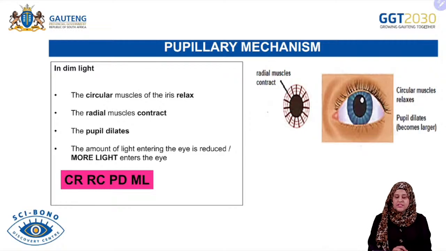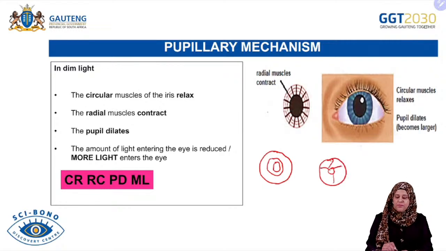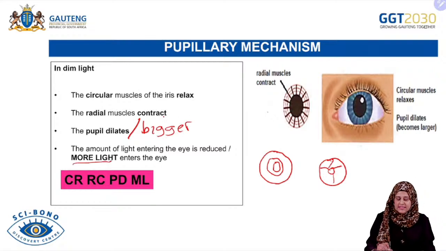So the circular muscles of the iris relax. And again, I'm going to show you the circular muscles. These of the iris relax. And then the radial muscles will contract, and the pupil dilates, or in other words, becomes bigger. The pupil dilates or becomes bigger, and then more light enters the eye, right?